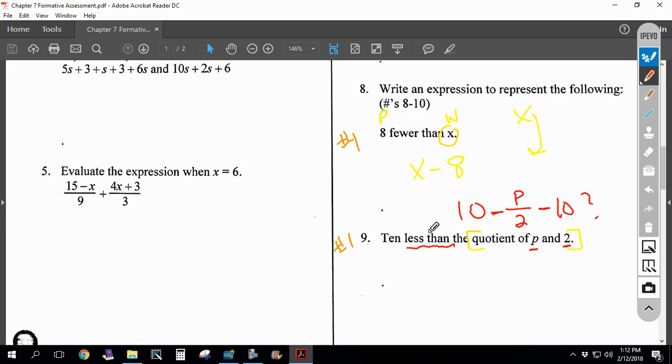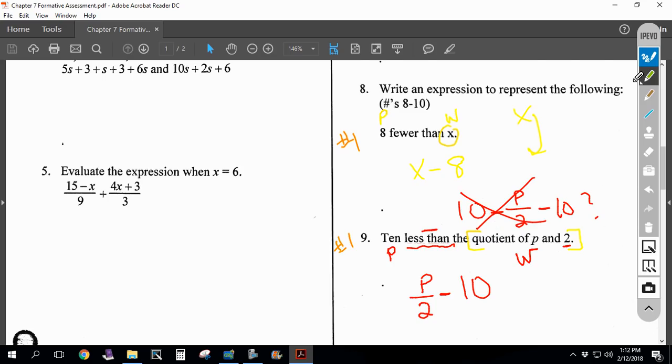I think everybody knows that this means subtract, but what does it mean? Well, it's just like fewer than. Fewer than or less than is the same way. You're saying 10 less than this, so this has to be your whole, this has to be your part. So it's going to be p over 2 minus 10, just like that. If you had it as 10 minus p over 2, it's wrong.